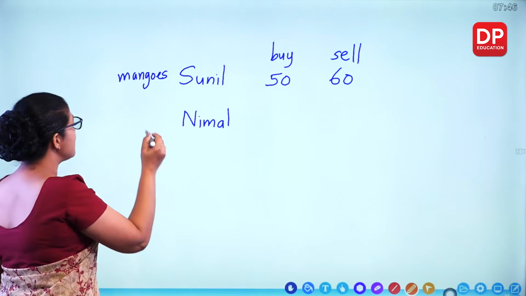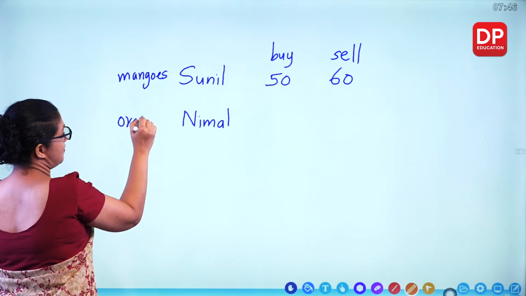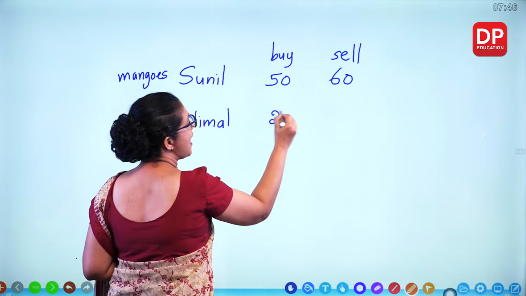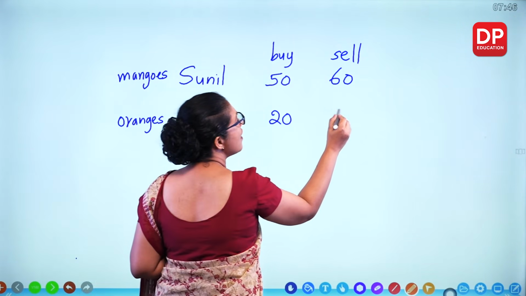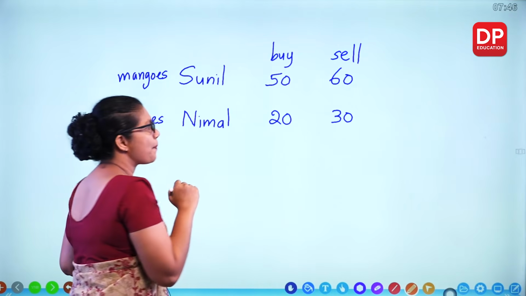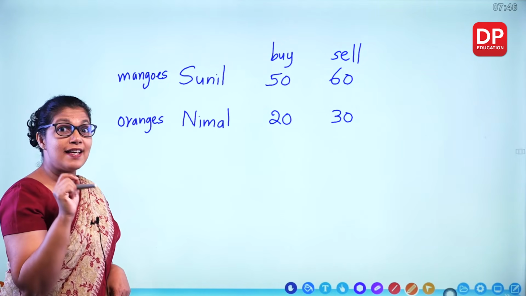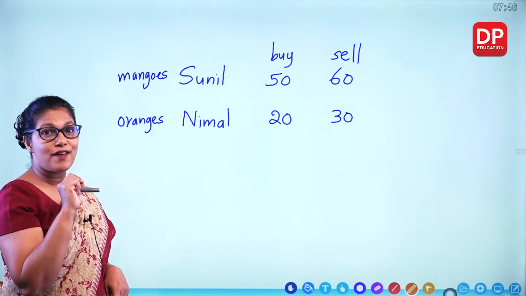Then Nimal buys oranges for 20 rupees and sells them for 30 rupees. We want to see who gets the highest profit.